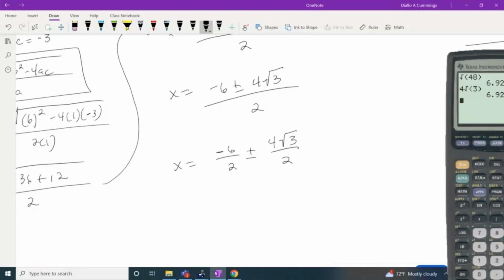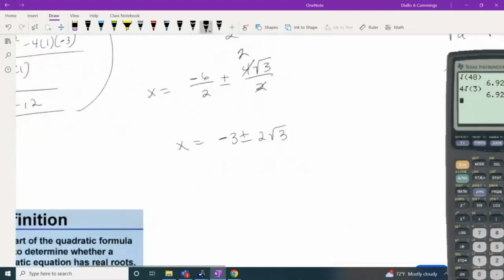Now I'm going to reduce. Negative 6 divided by 2 is negative 3. The 4 and the 2 are going to reduce down to 2. And then these are my answers.